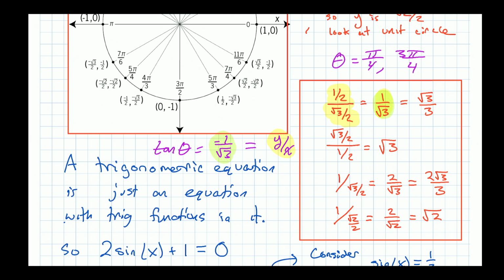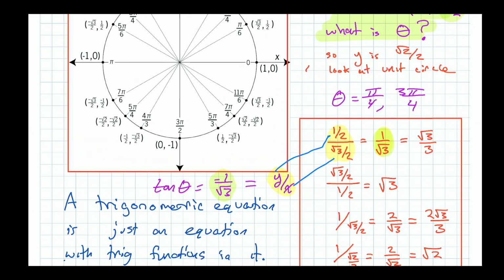So that just means that either the x or the y has to be negative. Basically there just has to be either a minus up here or a minus down here. What we're looking for is that the y value should be 1/2 and the x value should be square root 3 over 2, but to get the negative, one of them should be positive and one of them should be negative.